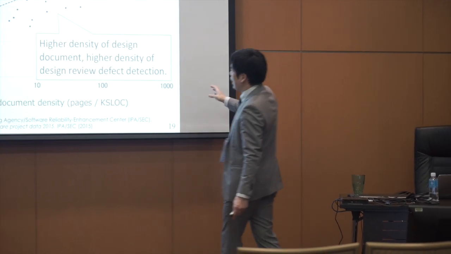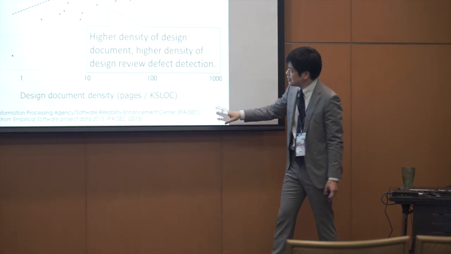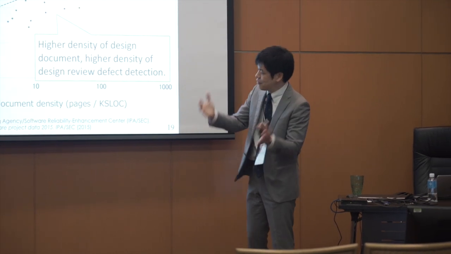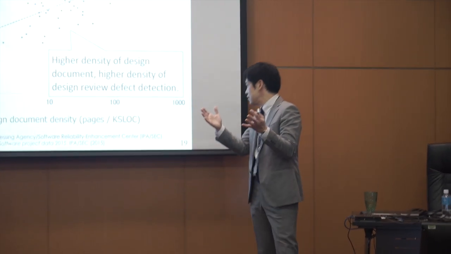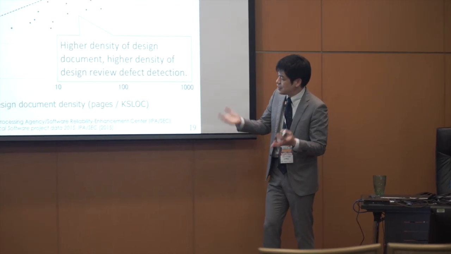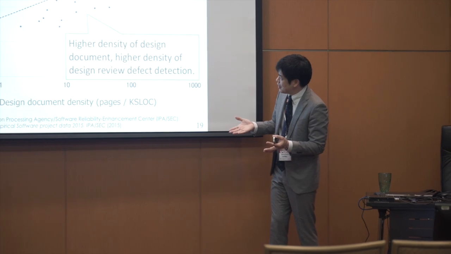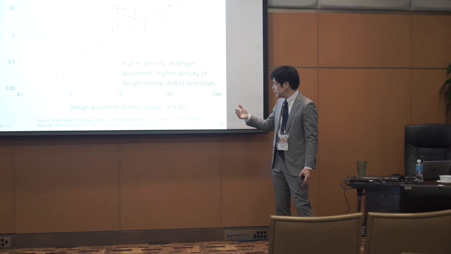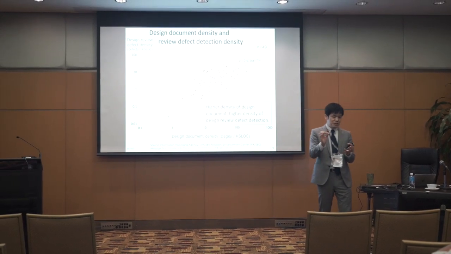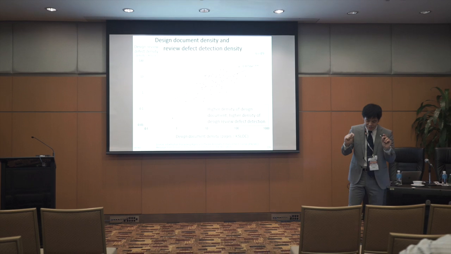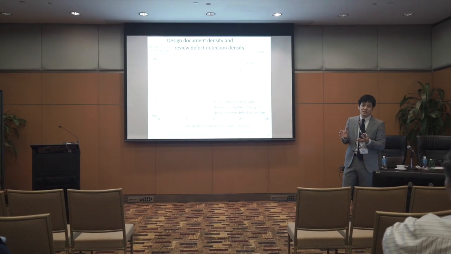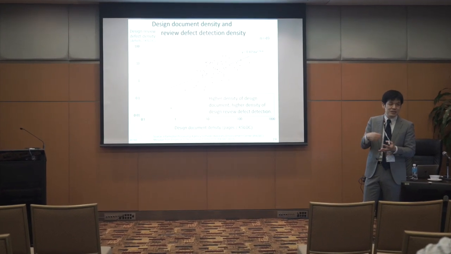Which means higher density of the design document, for example, 10-page, 100-page or 1,000-page documents, will contribute to a higher density of design review defect detection. So if you have only a very small number of pages of design document, we can't find a lot of defects during design review.